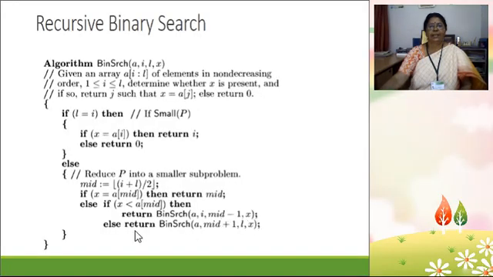Otherwise, the second half starts from mid plus 1, so mid plus 1 comma L. I and L specify the lower and upper range of the search array.